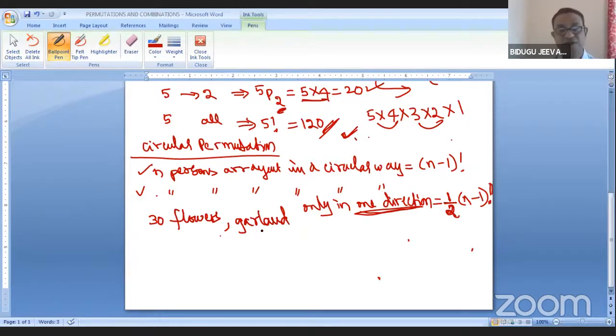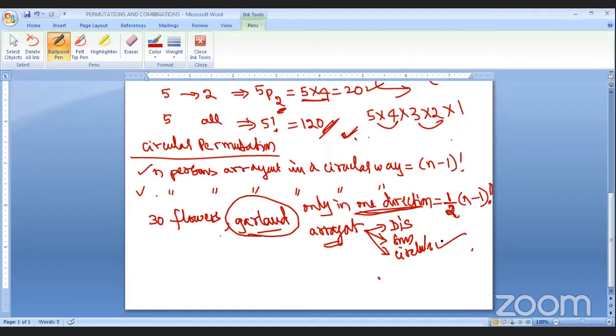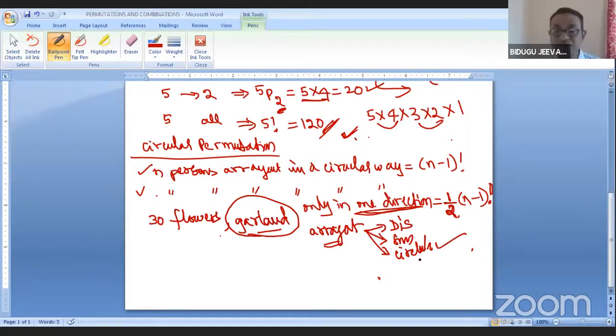First of all, arrangement means definitely this problem comes under permutation. Permutation has 3 types: one is dissimilar, second is similar, third is circular, right? But garland itself indicates circular arrangement. Then is it one direction or no direction?